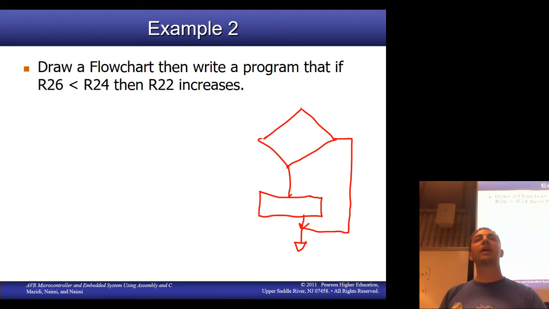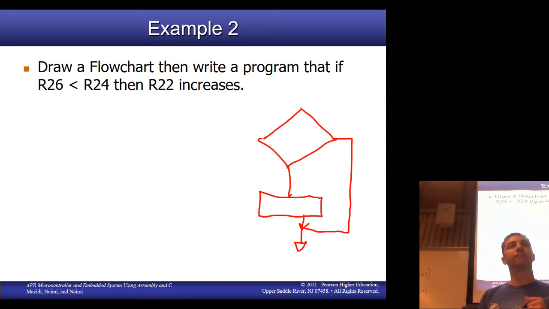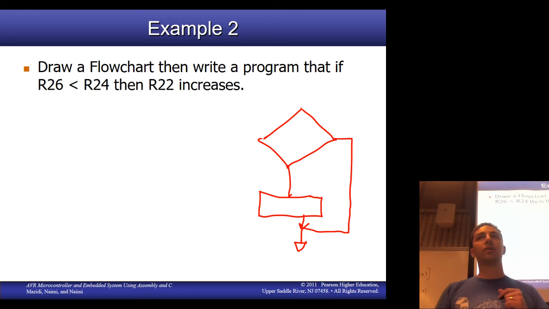It's going to look something like that. So you fill in what the condition should be. You fill in where the yes and the no should be. We're doing this in 2 steps. Don't jump ahead to the code yet.